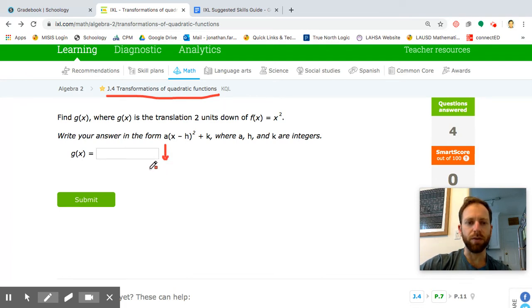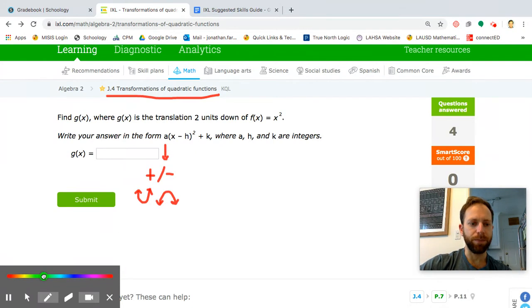If it's positive, it opens up, or if it's negative, it opens facing down. So if it's positive, the parabola faces up like this, and if it's negative, then the parabola faces down like this. So if the parabola is reflected, this will either be positive or negative depending on how it's reflected.